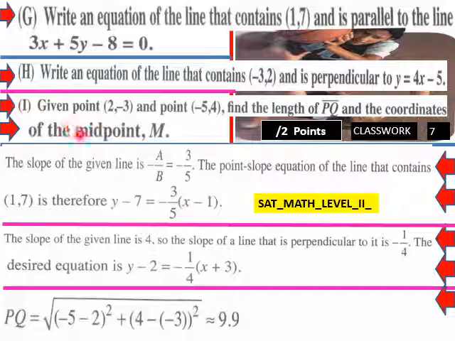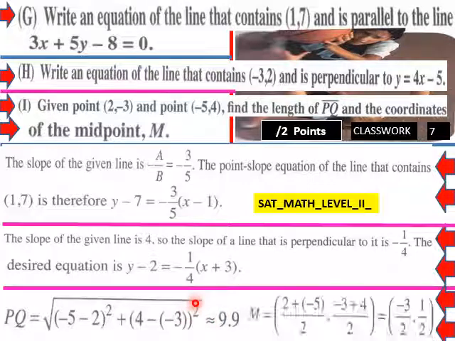And the coordinates of the midpoint M. Now we need to find the coordinates of the midpoint of this line. The midpoint would be (2 plus -5) over 2, and then (-3 plus 4) over 2.